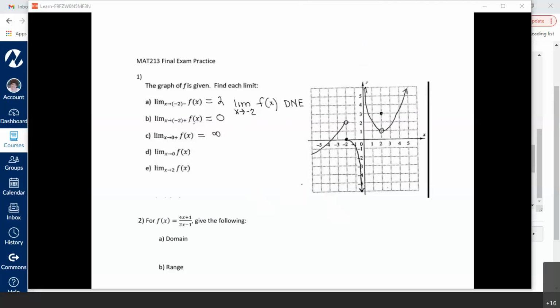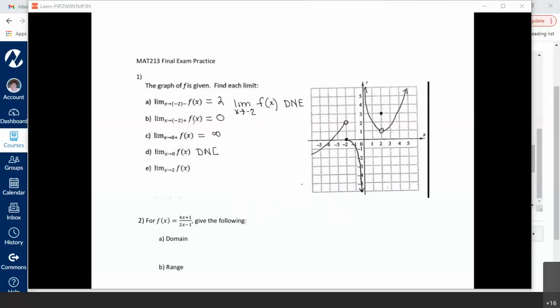If they asked you for the limit as you approach 0 from the left, you would say -infinity. But what they ask instead is, does this limit exist? And I would say it does not exist.